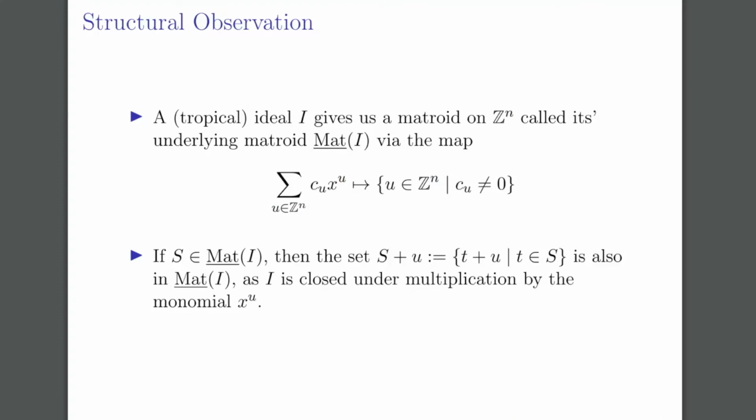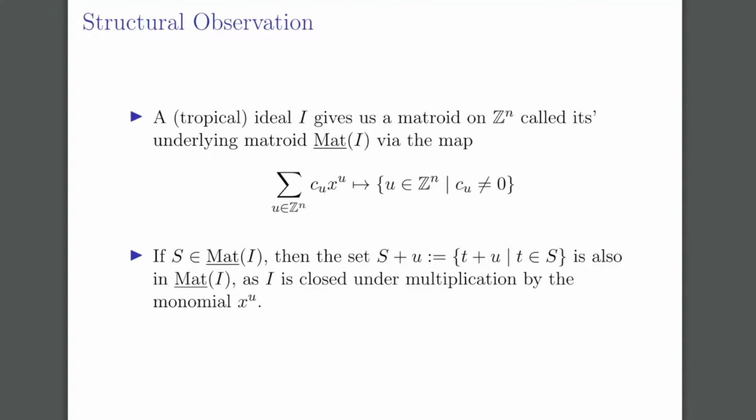If I multiply by x^u, then my polynomial's exponent vectors, say v, are going to be mapped to v plus u. So in a way, multiplication by monomials corresponds to translating my exponent vectors by elements of Z^n. And this is sort of descending to my supports because I'm just recording the exponents.